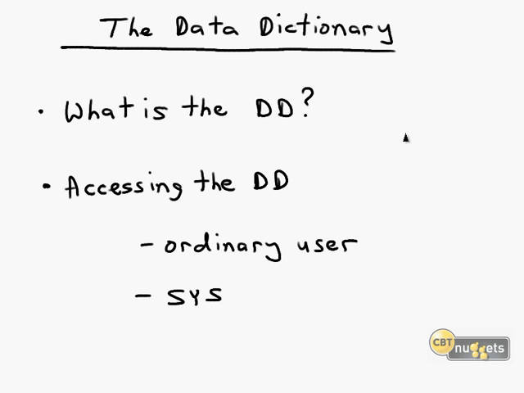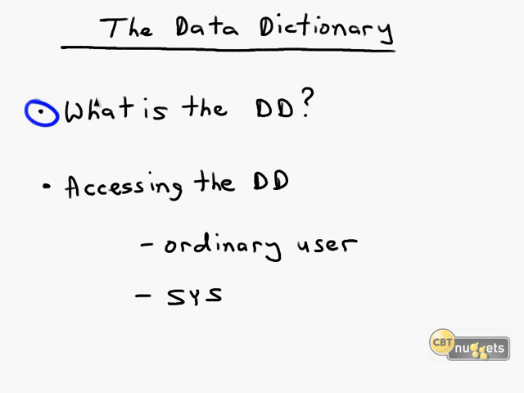The data dictionary review. The reason I placed this nugget so far back into the training is because it leverages or requires knowledge of everything we've learned up to this point. I don't think somebody can really appreciate the power and utility of the data dictionary until they've spent time in Oracle and have an understanding of schema objects, schema security, and so forth.